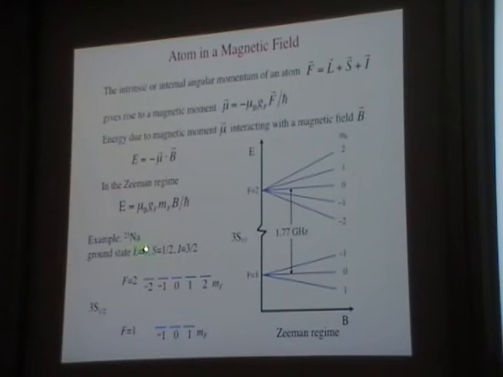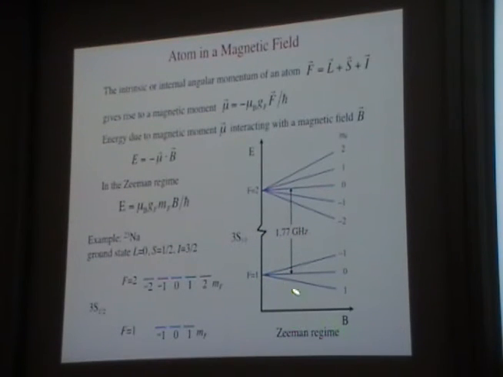For example, in sodium, atoms in the 3s1/2 ground state have basically two hyperfine states. There's F equals 1, which has m equals -1, 0, and 1 sublevels, and F equals 2 with m equals -2, -1, 0, 1, and 2 magnetic sublevels. The energy between these hyperfine states in sodium is split by about 1.77 gigahertz.